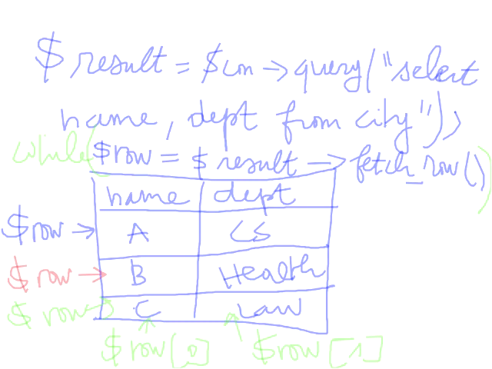In the second iteration, $row 0, the value is B, and $row 1, the value is health. In the third iteration, $row 0, the value is C, and $row 1, the value is law. It's clear for you, Mr. Ahmed?